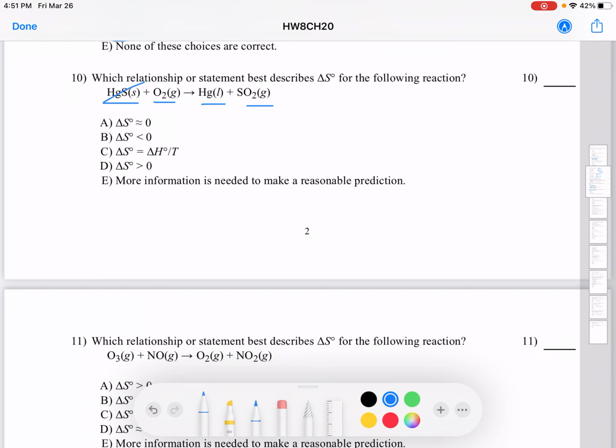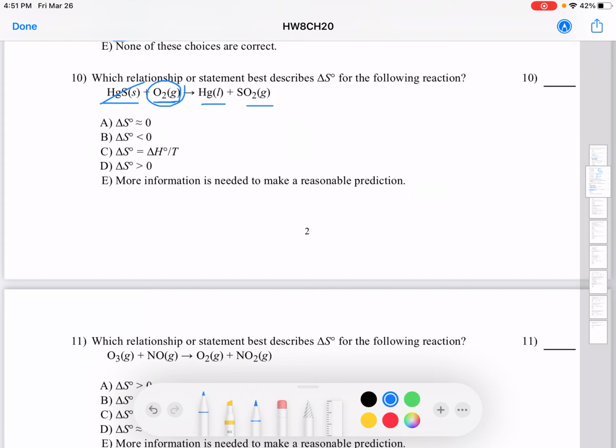We have a solid, which has the least entropy. And then if you compare the right side, you have mercury liquid and sulfur dioxide gas. We have one molecule of oxygen on this side. What do you think about the entropy? Is it 0, less than 0, greater than 0? Do you think entropy is increasing or decreasing?